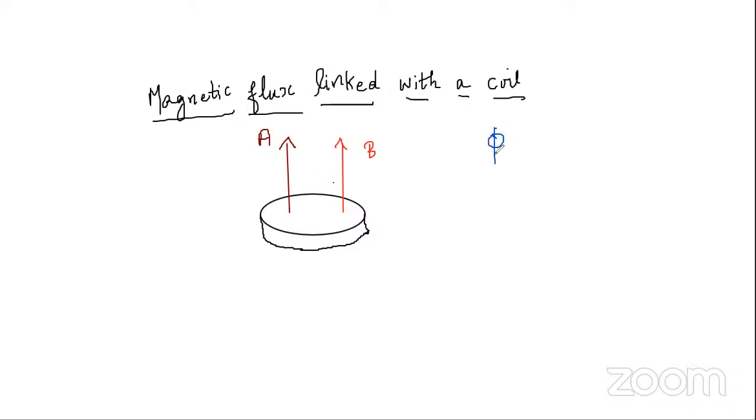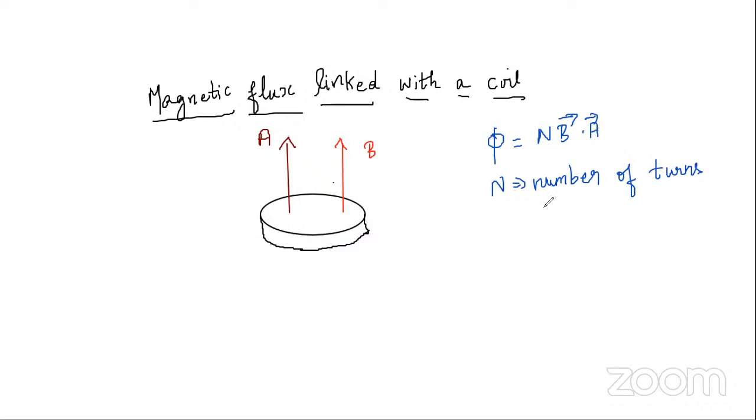So I'm going to apply that. Phi equal to n into B dot A, where n is the number of turns in the coil, and of course B is the magnetic field and A is the area vector.